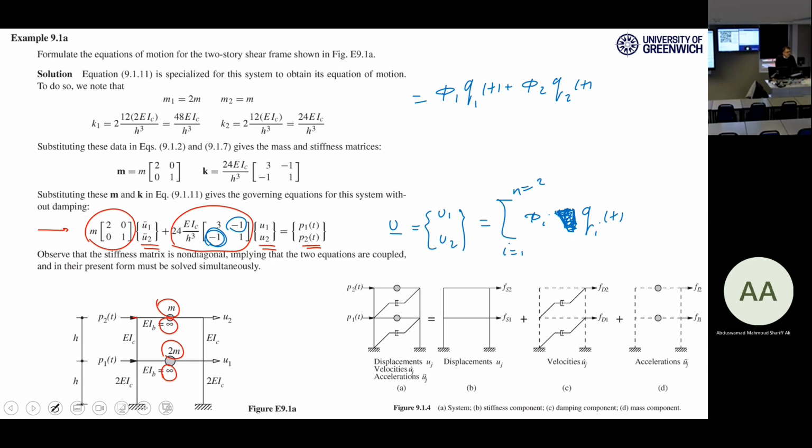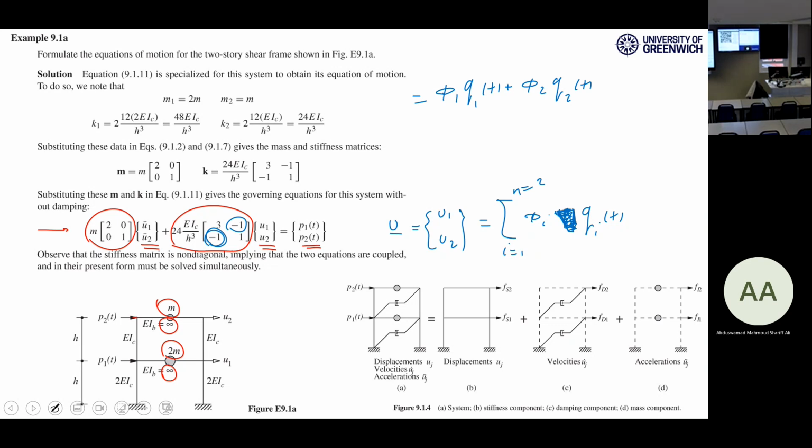The story short is that if we accept this assumption, the whole system of equations will be simplified into here 2, but if you have a 10-story building, into 10 single degree of freedom systems, which I know how to solve. The advantage of this assumption is that it breaks down the whole complex system into smaller pieces.